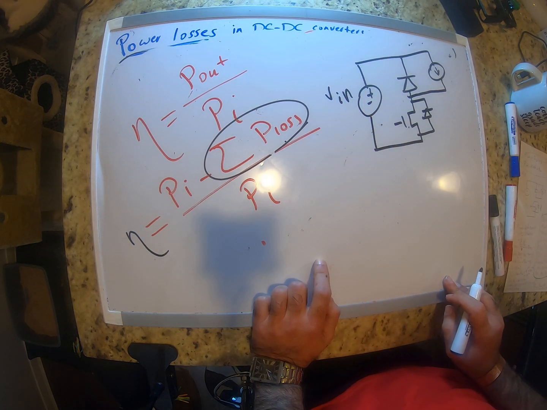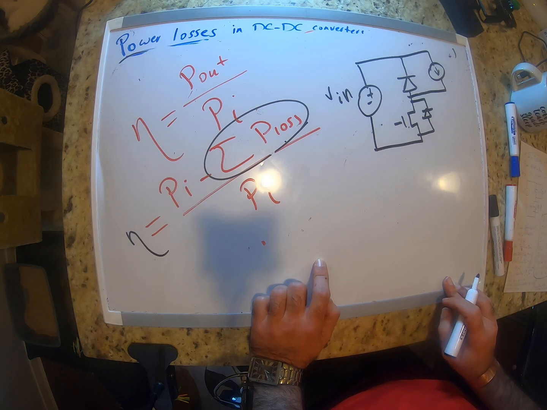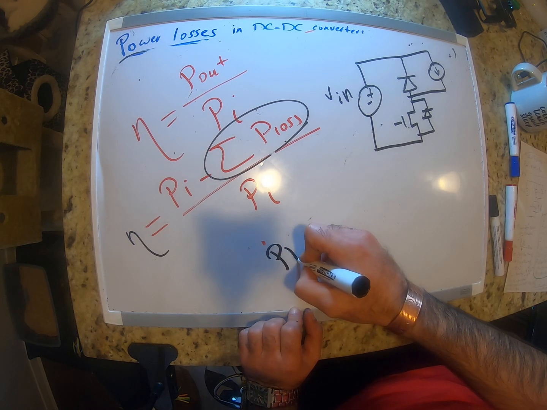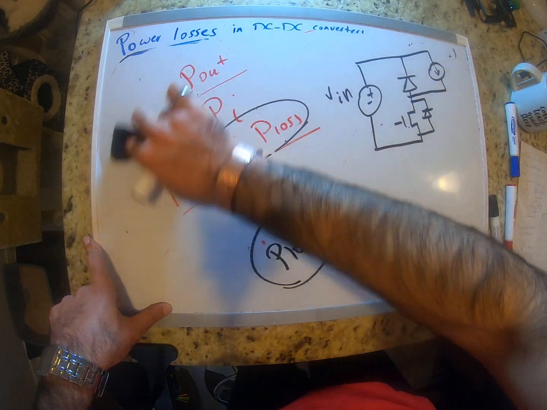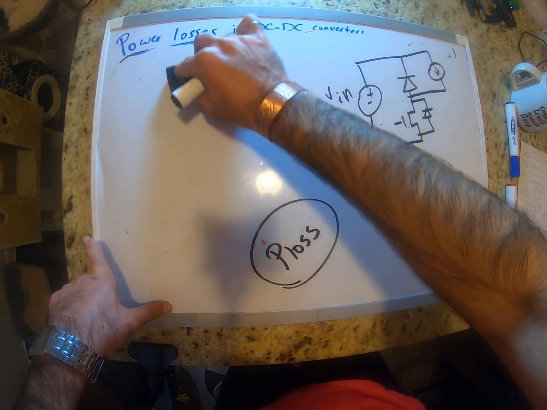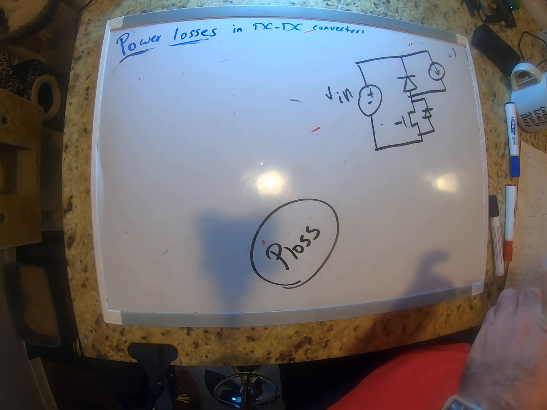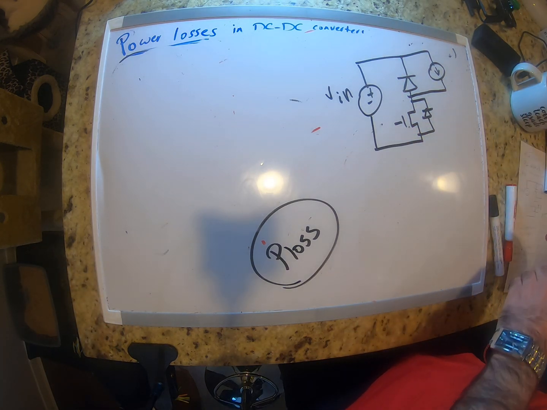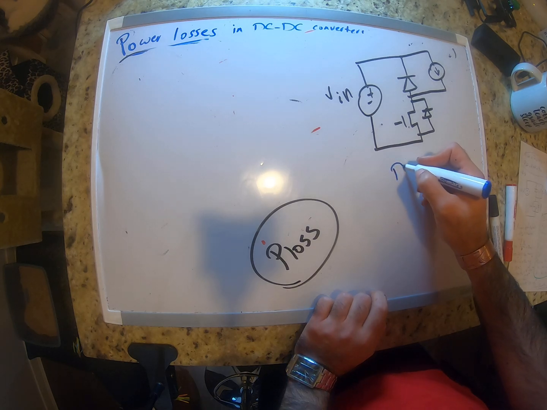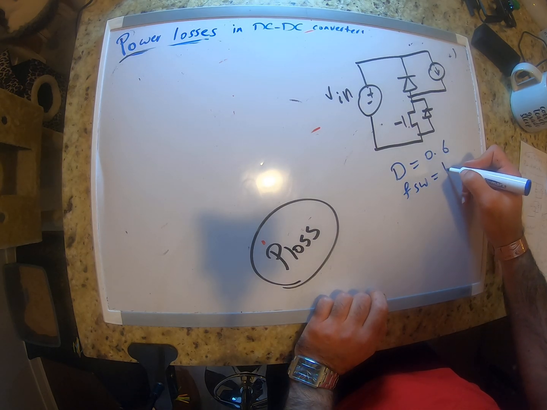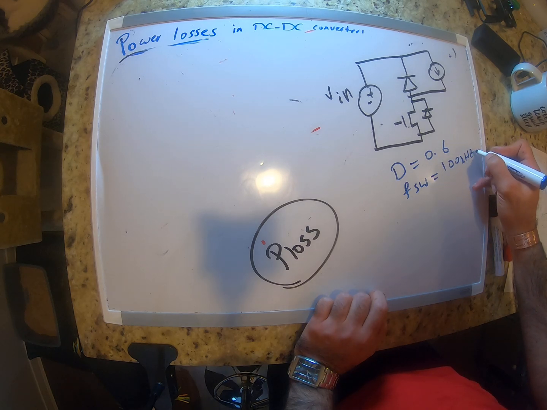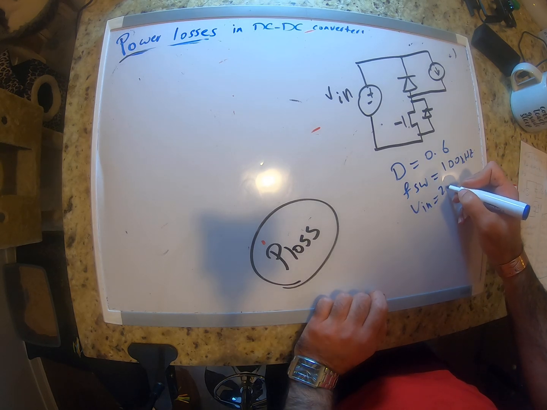I want you to calculate the power losses for this circuit, all the power that's lost in this circuit. These are the parameters that I'm giving you. The duty cycle is 0.6. The switching frequency is 100 kilohertz. V_in is 200 volts.